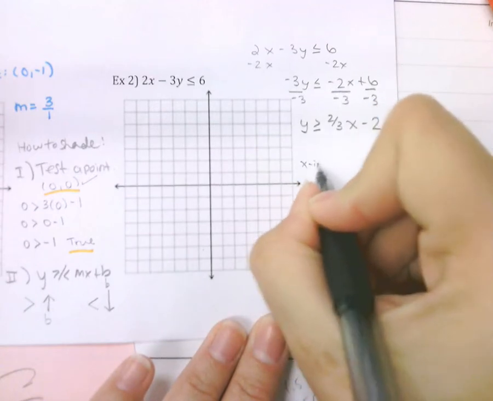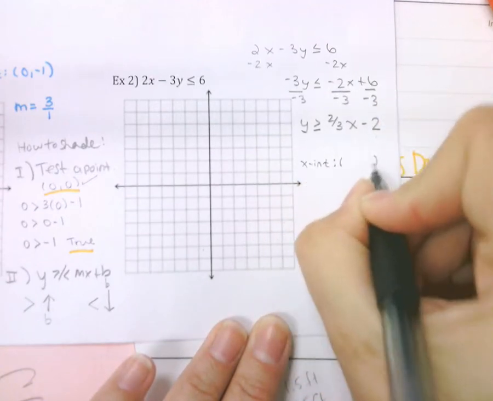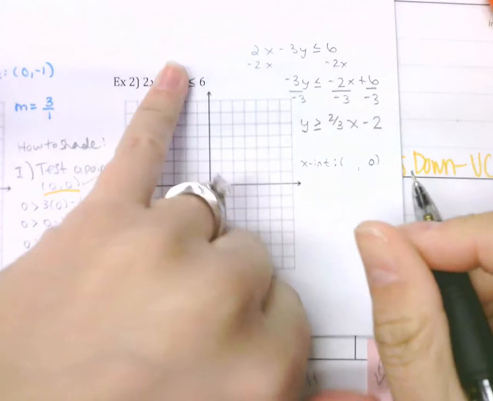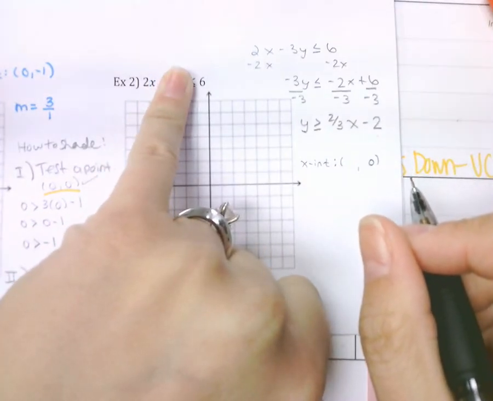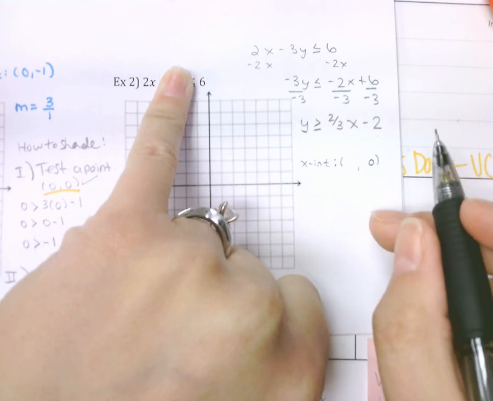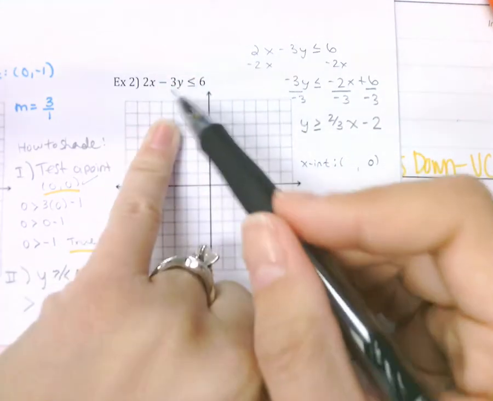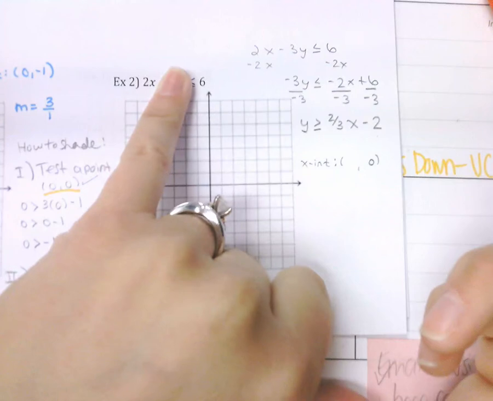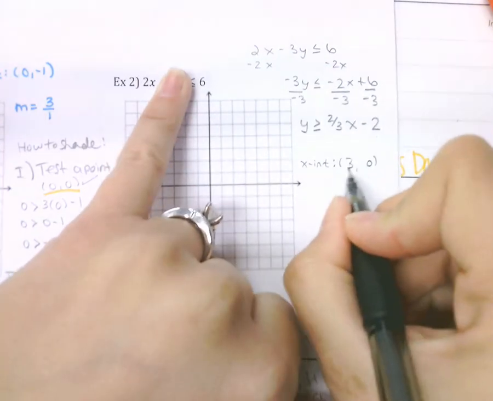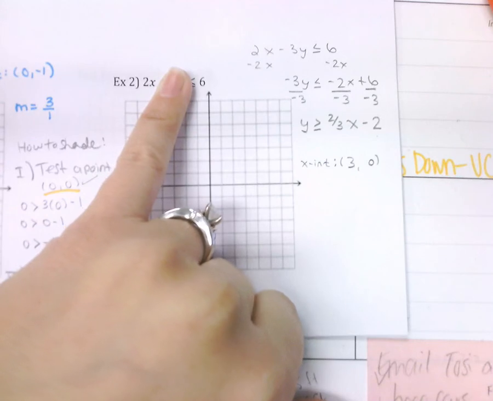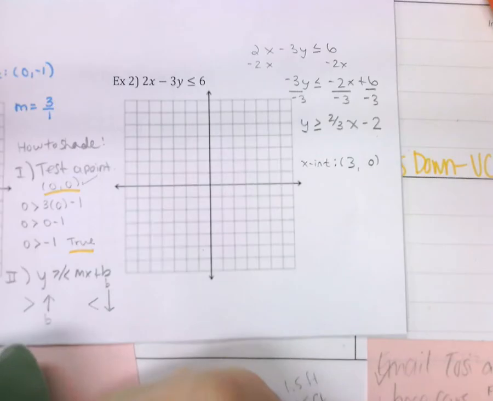I'll show you. To find the x-intercept, you plug 0 in for y and solve. So what's that? If you plug 0 in for y, you cover up y. What do you get when you solve this? 2x equals 6, so x is 3.